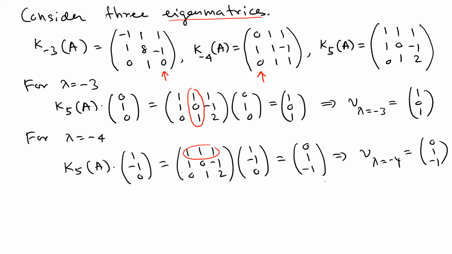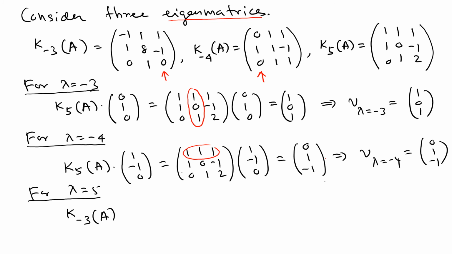And then for the last one, lambda equal 5, we need the eigenvector for lambda equal 5. So this is for lambda equal negative 3, this is for lambda equal negative 4, this is for lambda equal 5. For lambda equal 5, you pick the other two matrices. Just pick one matrix and multiply by the other one.